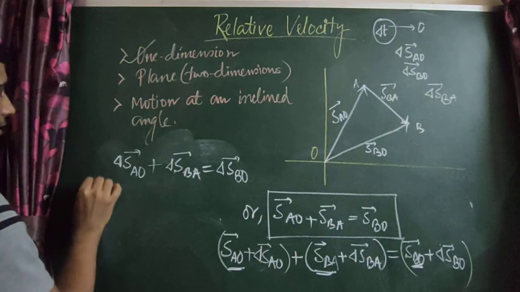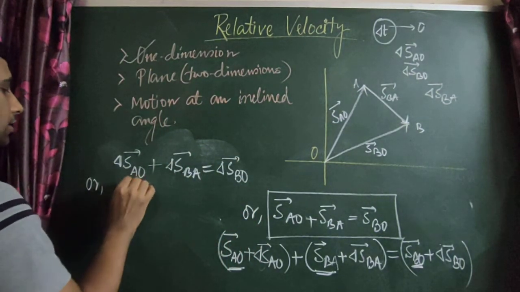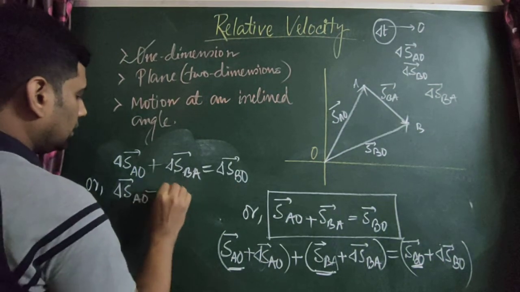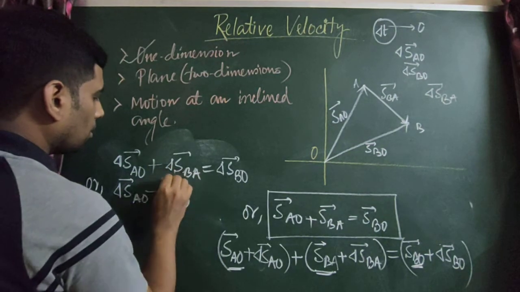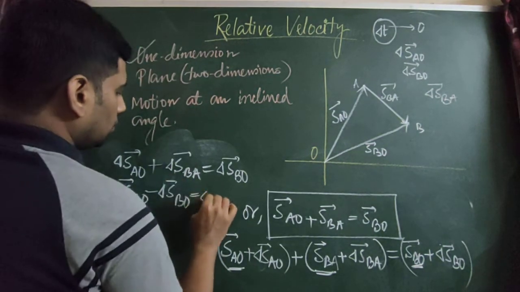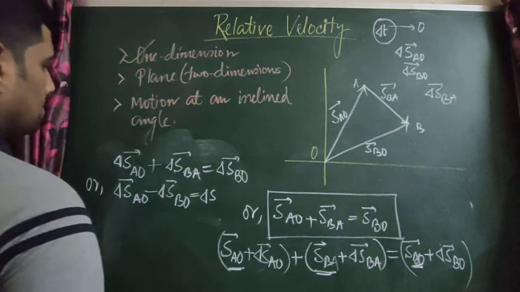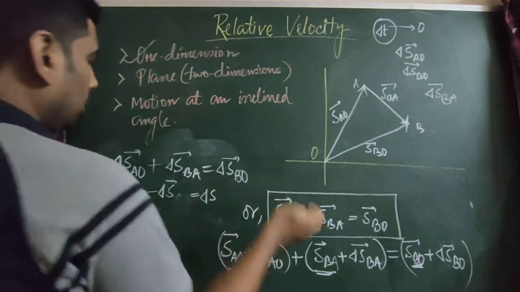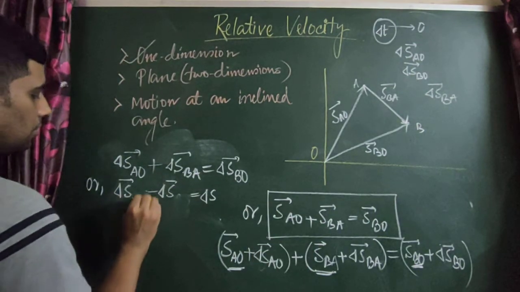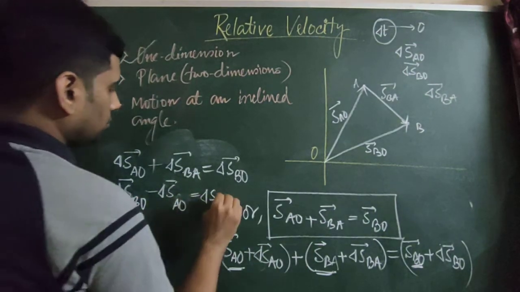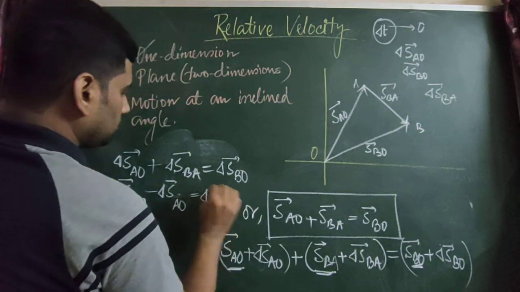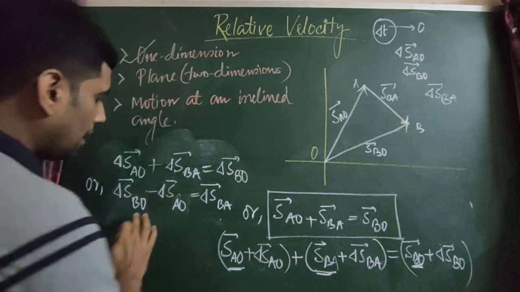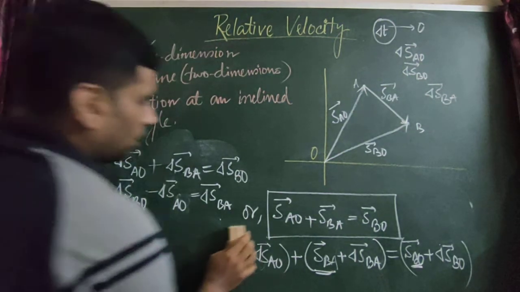If I take it to this side, it can be written as delta SBO minus delta SAO equals delta SBA. I am taking this on the right-hand side for ease. So I can write the equation like this. Now if I divide this equation by delta t, what will I get?